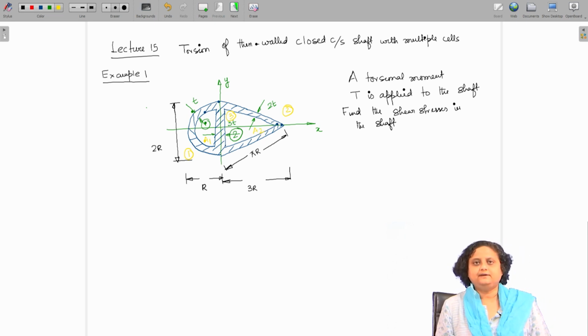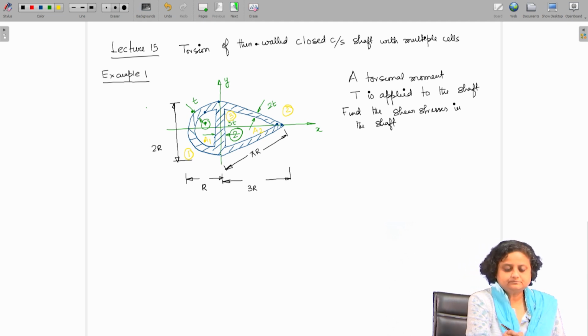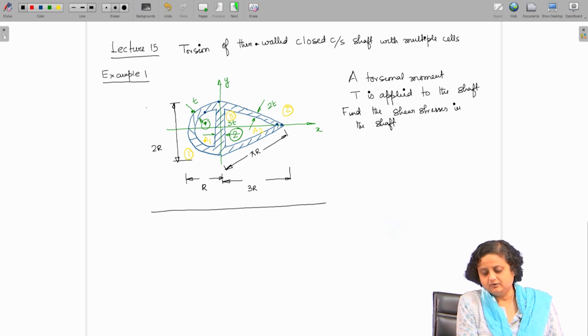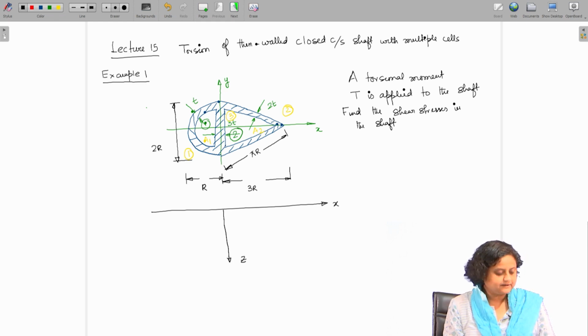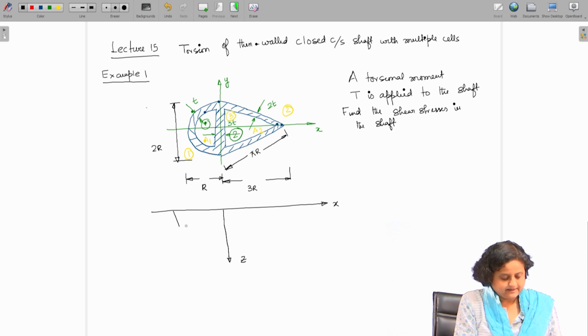Now, let us see how to analyze this cross section, or this shaft, using the membrane analogy. Let me first draw the deflected shape of the analogous membrane. So, this is the x axis, this is the z axis. The deflected shape of the membrane would look something like this.